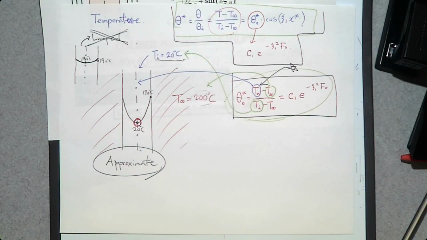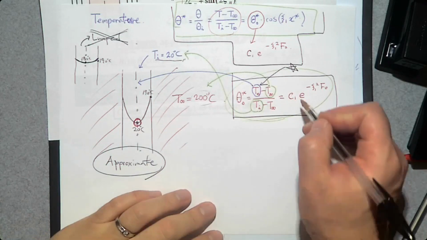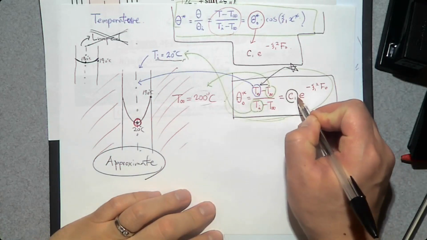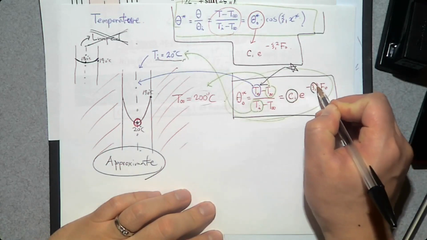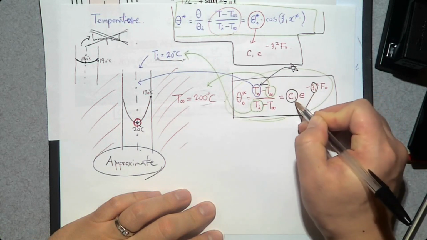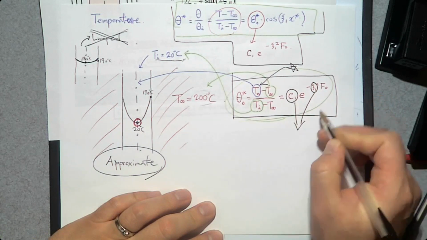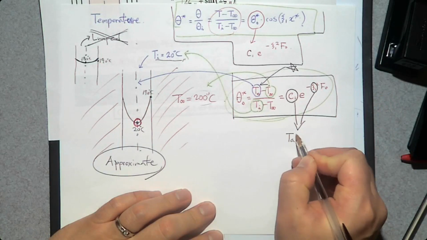Then how can we solve this equation? Let's look at the right-hand side. We have two coefficients. One is C1, the other one is zeta1. These two can be found from a table.